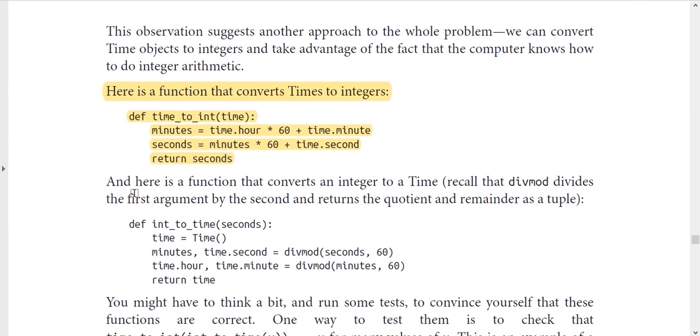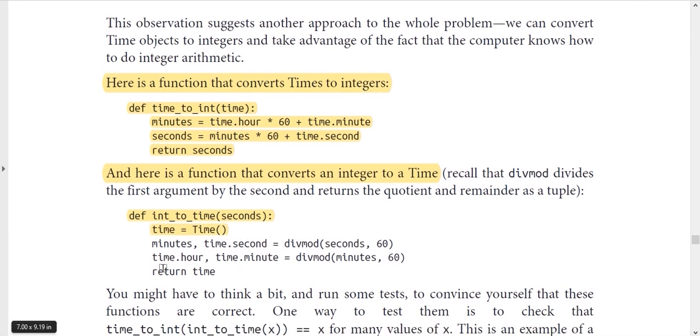And finally, here is another function that converts the integer to a time. So here what I want to say is, you might be having a certain value, say 1000 seconds. These again need to be converted to time. So how to do that? Here this function does this. The int to time function takes the argument as seconds. Then here the time object is called or instantiated, which belongs to the time class.